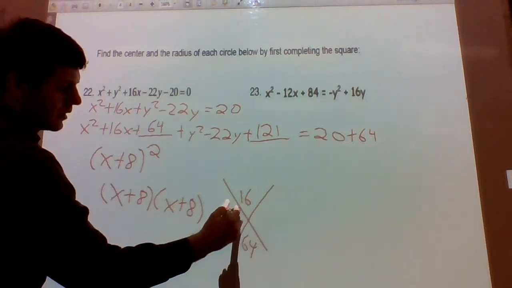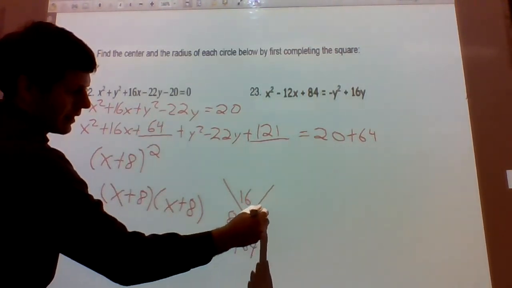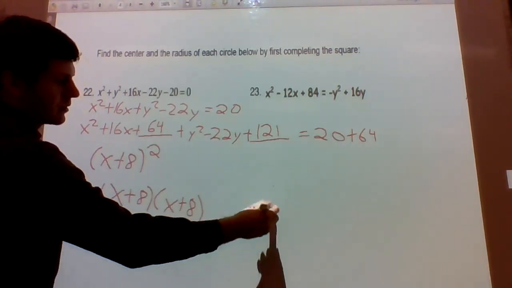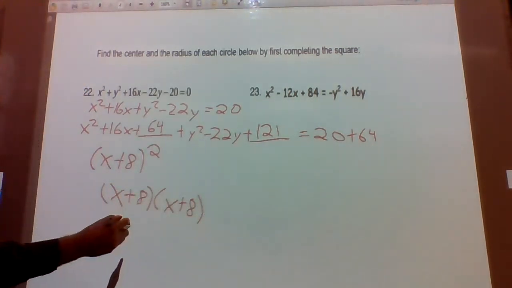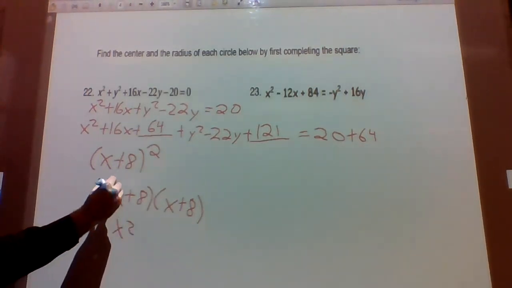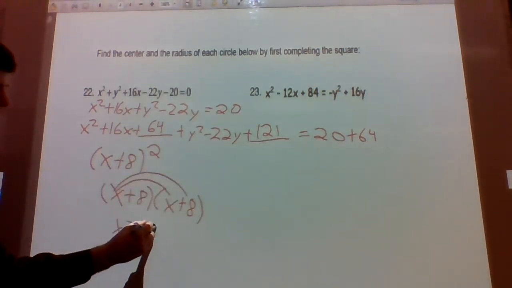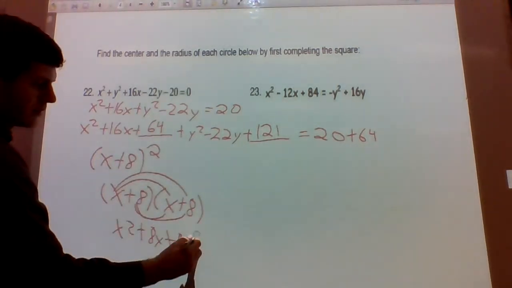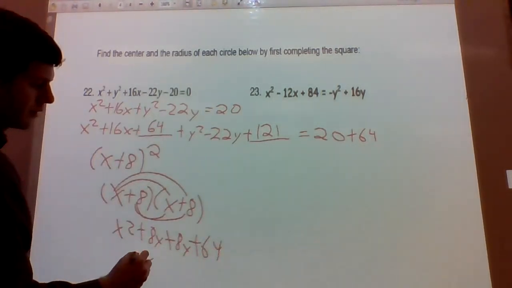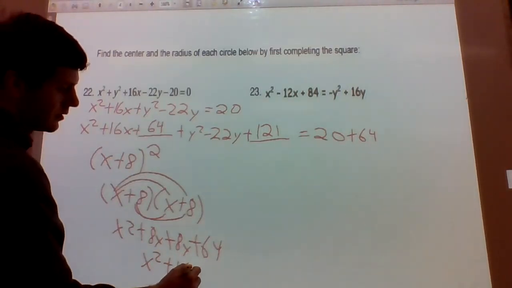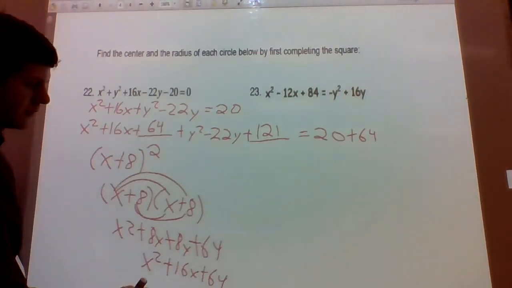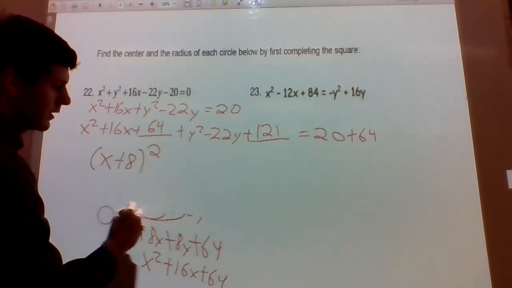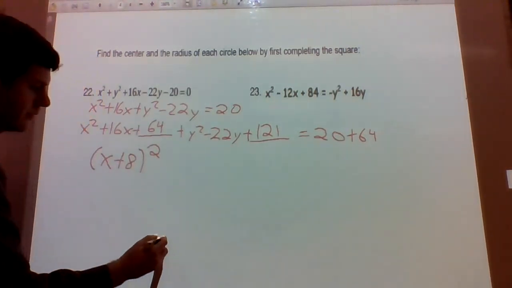The answer is 8 and 8. 8 and 8 add to 16, they multiply to 64. So you get x plus 8, x plus 8. If you FOIL that out, x squared plus 8x plus 8x plus 64, which is x squared plus 16x plus 64. So when we factor this, it's x plus 8 squared.